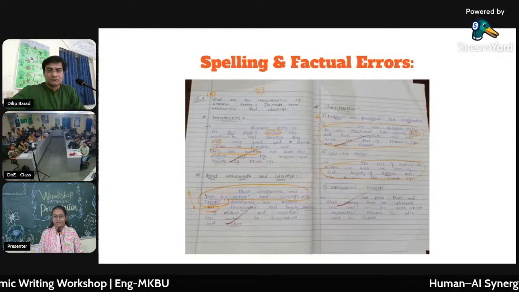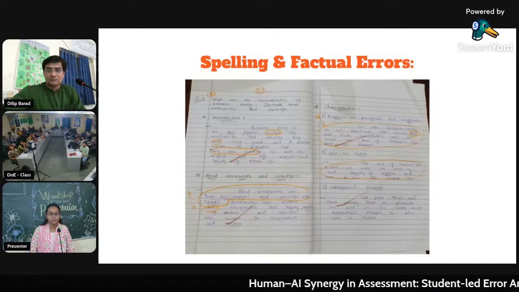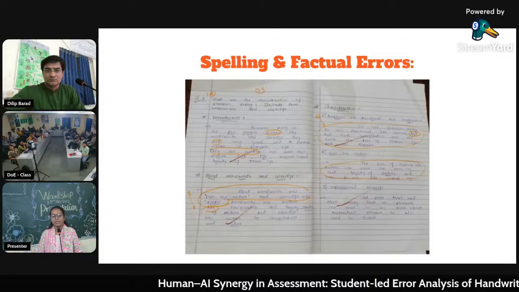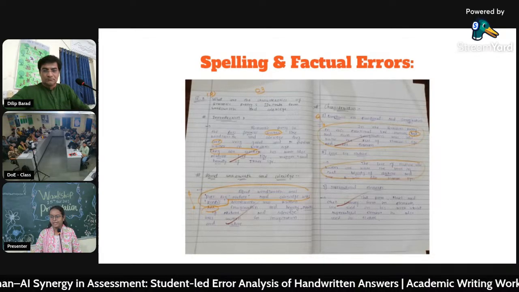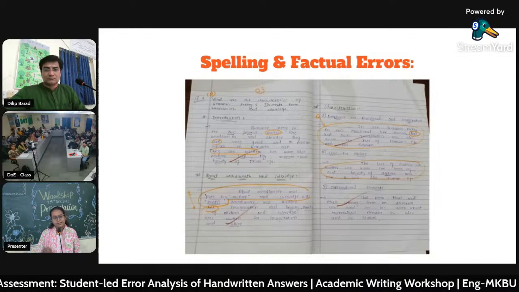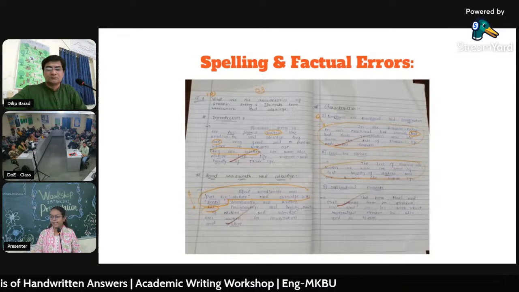Next, another very common error. In semester 1, maybe you are not that good in your language, or there are spelling mistakes, because the exam system is also new for you. But try to focus more on your spelling as well as your language.